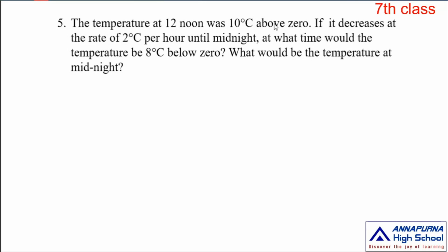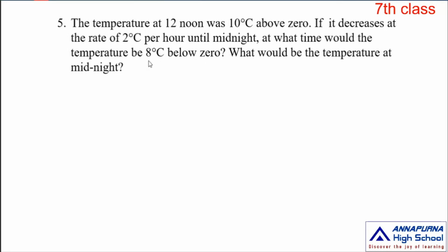Above 0 means, so we know that above 0 is represented by positive and below is represented by negative. If it decreases at the rate of 2 degrees per hour, per every hour the temperature is decreased by 2 degrees until midnight. That means you have to write the temperature up to midnight, that is 12 midnight. So at what time would the temperature be 8 degrees centigrade below 0?